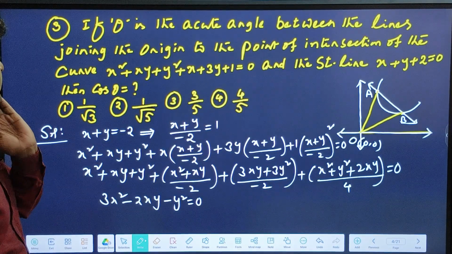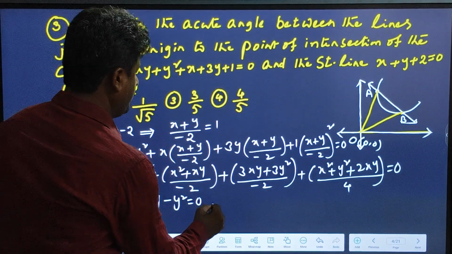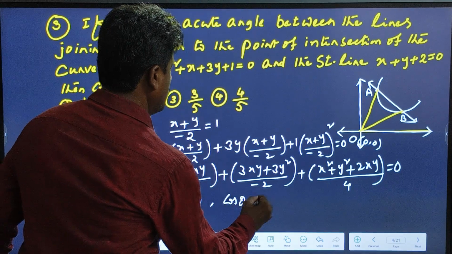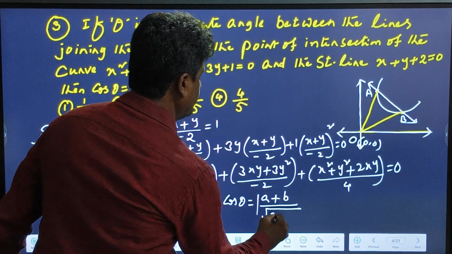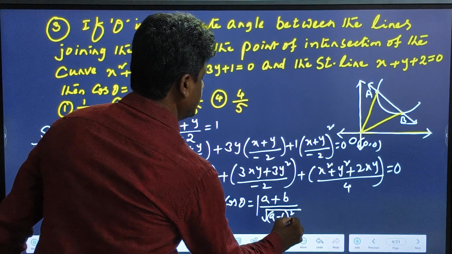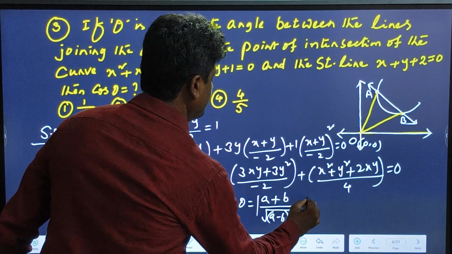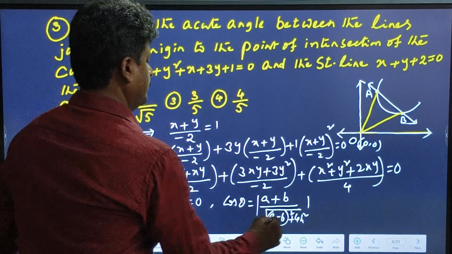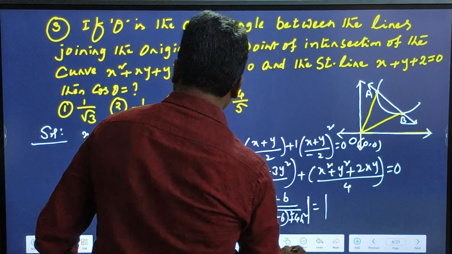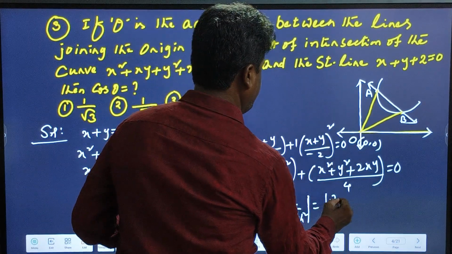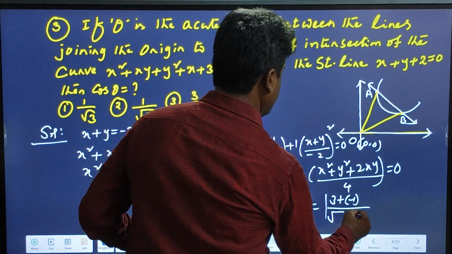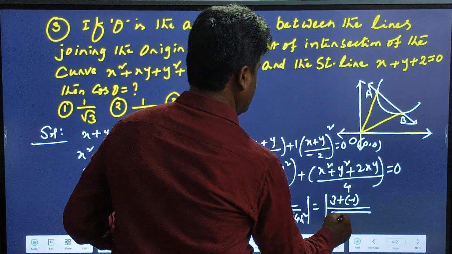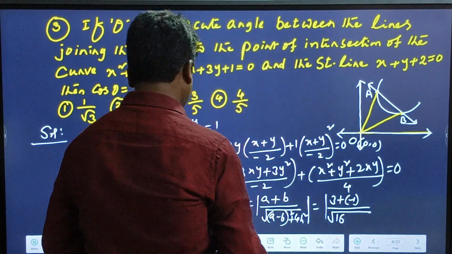In order to find cos theta, the formula is modulus of (a plus b) by under root of (a minus b) whole square plus 4h square. This is modulus of (3 plus minus 1) by under root of (3 plus 1) whole square, 16.